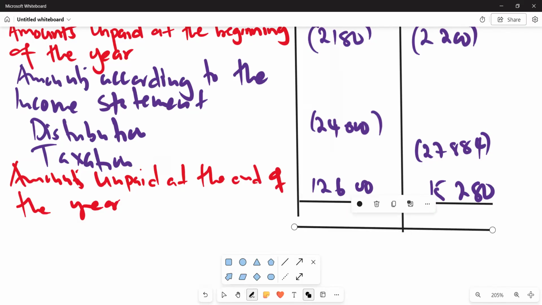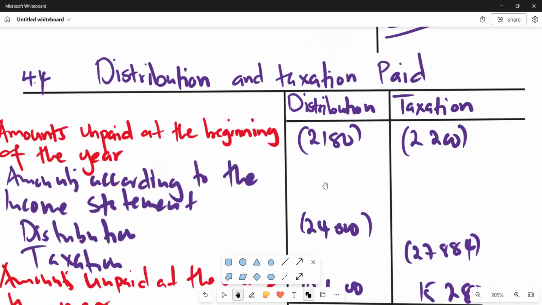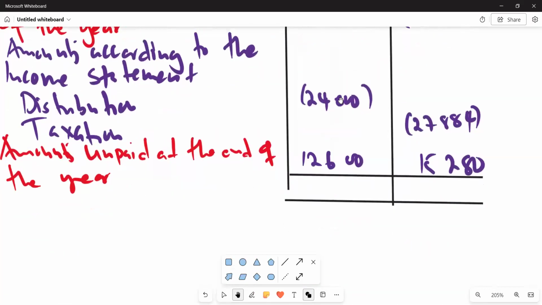So having done this, in the first column, that is for distribution, we start at the beginning. We've got a negative 2,180 minus 24,000, then plus 12,600. And the final answer that we are supposed to get there is 13,580.